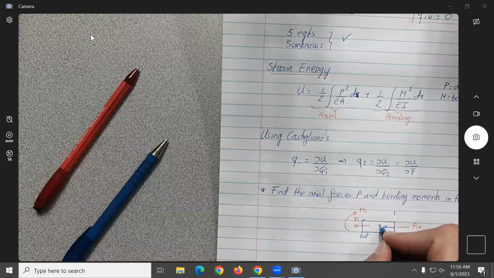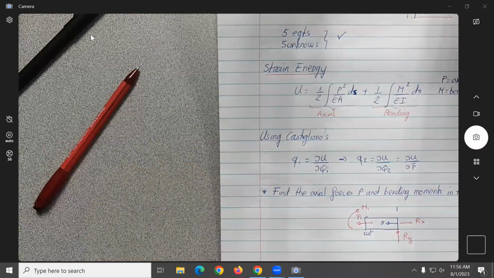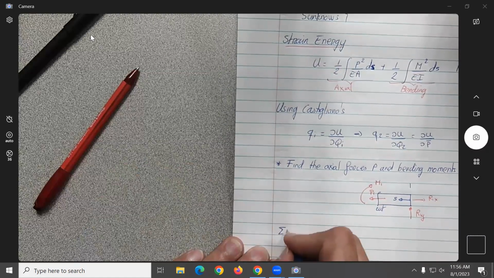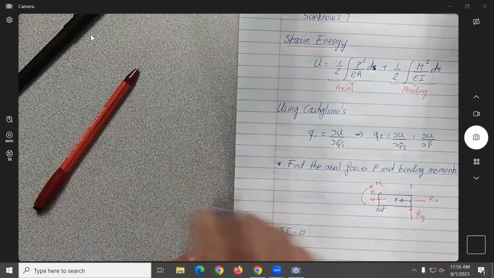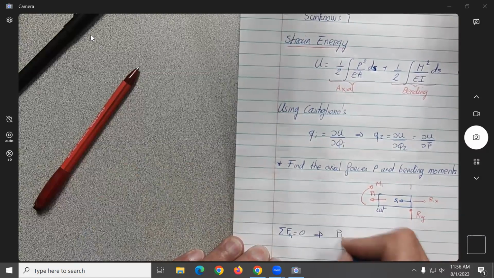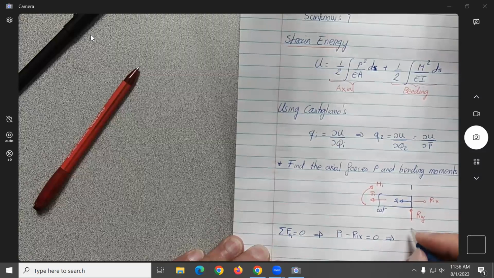That's why I wanted to call this S over here on this equation. Okay, so in order to find P1, what do we do? Summation of forces on the S1 will be equal to 0, so this will give you what? P1 minus R1x equal to 0. So that means that P1, the actual force, will be equal to R1x.